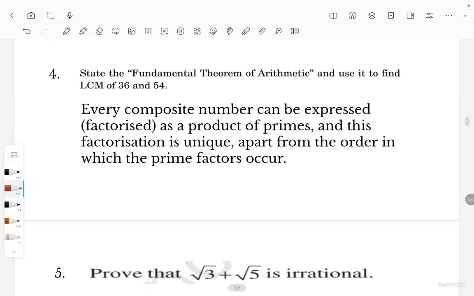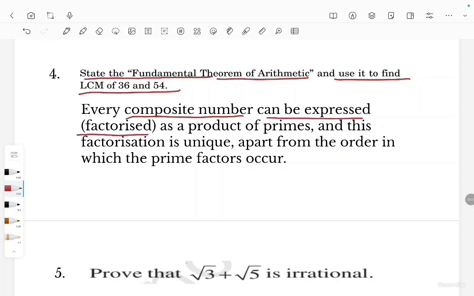Very important. State the fundamental theorem of arithmetic and use it to find the LCM of 36 and 54. What does the statement say? Every composite number can be factorized as a product of primes, and this factorization is unique apart from the order in which the prime factors occur.